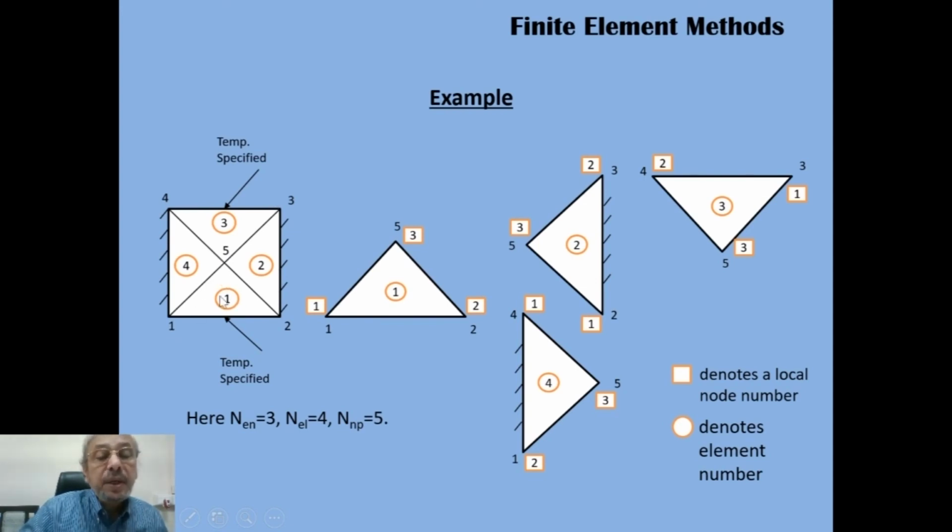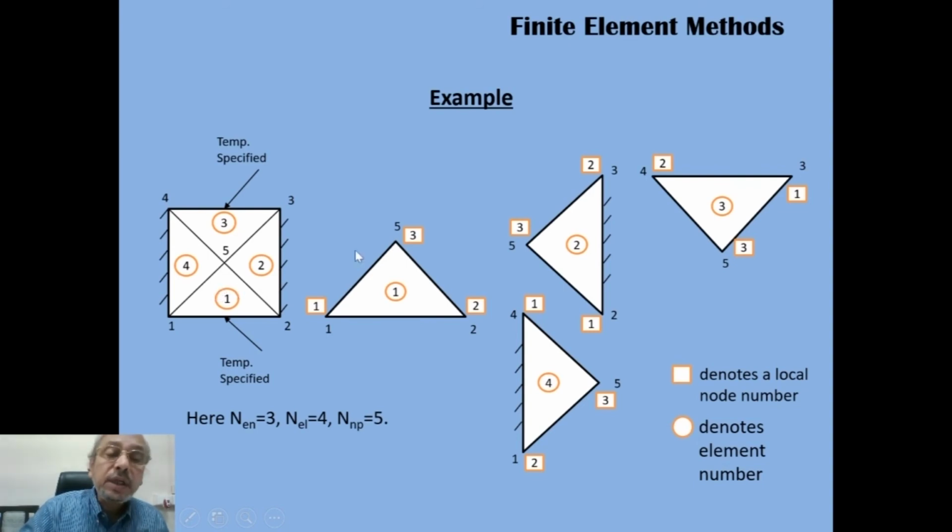Now if we separate out elements, for example, element 1 we are separating out, and any element will have only 3 nodes, 1, 2, 3. So this square denotes the local node number, and this circle denotes the element number.